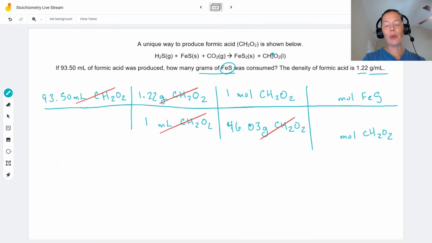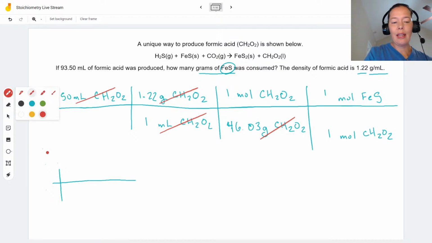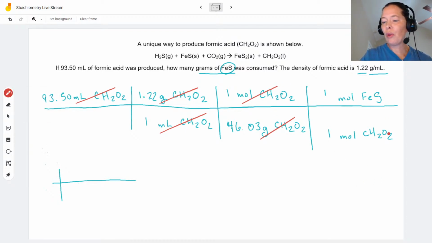Again, this balanced chemical equation was, everything was a 1-to-1 ratio, so that makes this really easy. And I'm going to continue on here down below because I ran out of space. And let's make sure we cancel moles of formic acid. Now I have moles of iron sulfide.